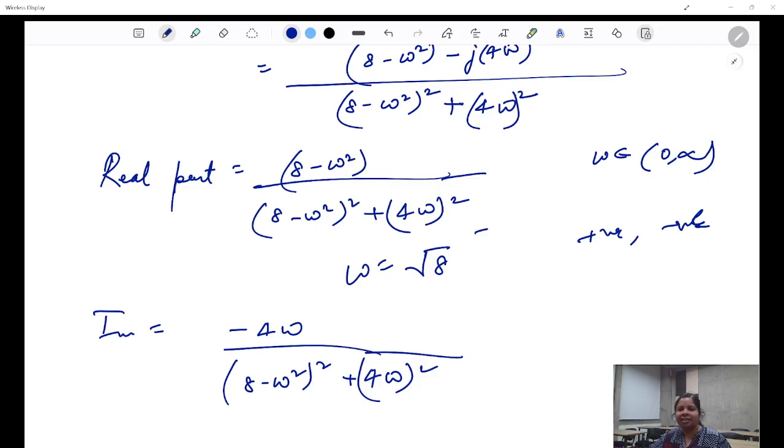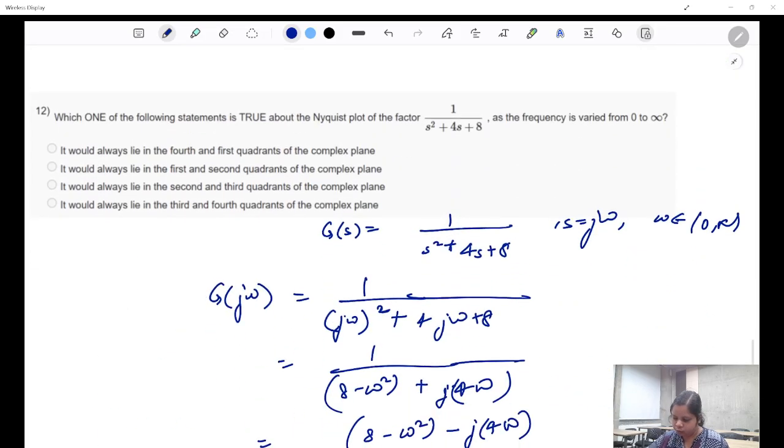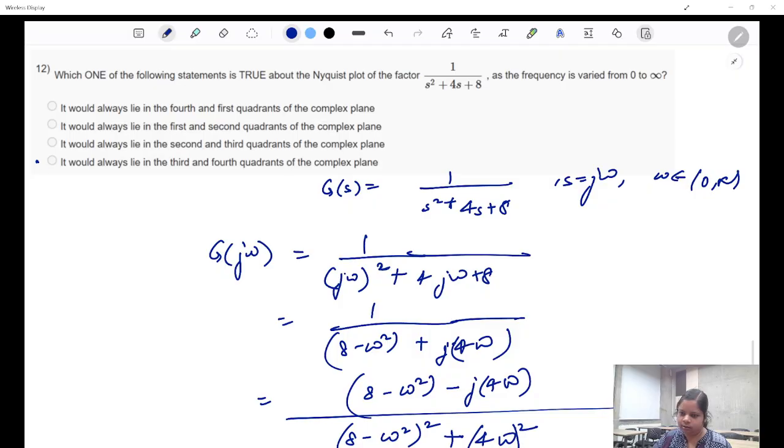As omega varies from 0 to infinity, this whole term is going to be negative forever, because the denominator is always positive and the numerator is negative. Since this term is negative, we are going to stay in this and this quadrant, right? So it would always lie in the third and fourth quadrant.